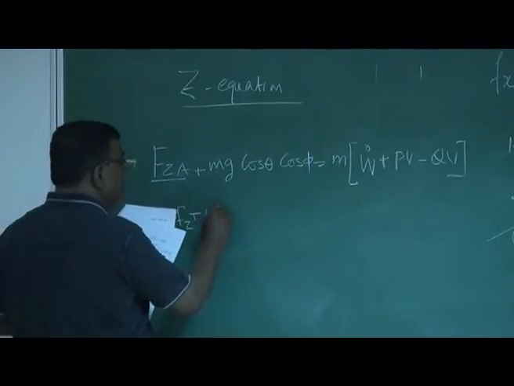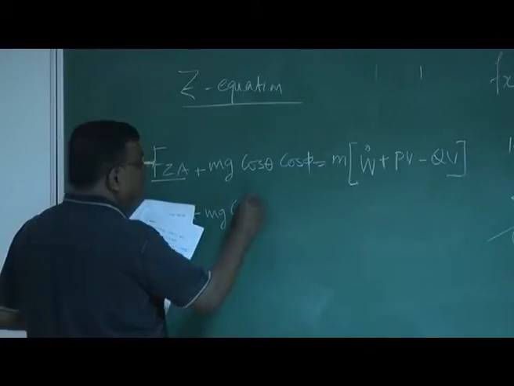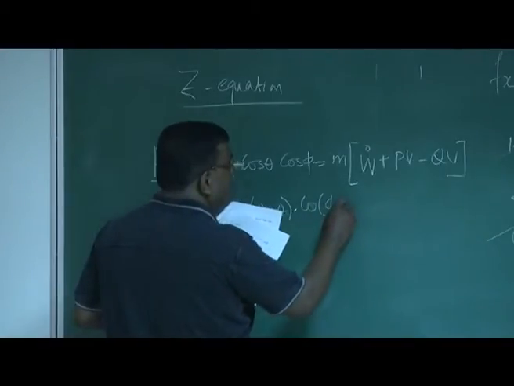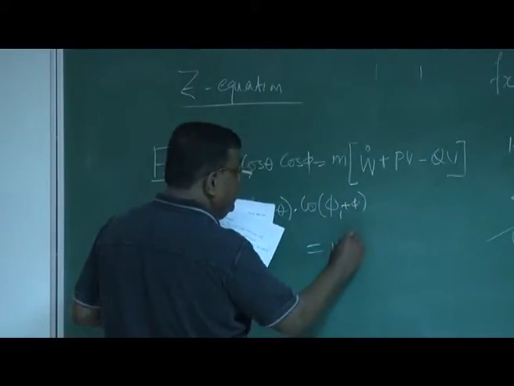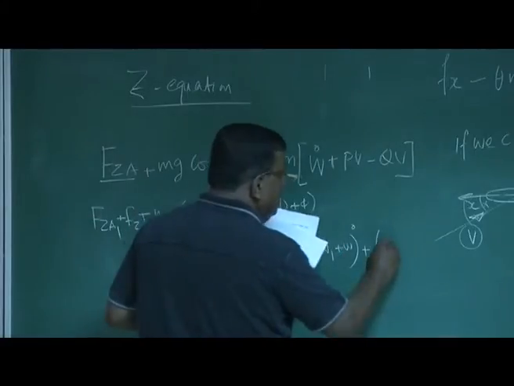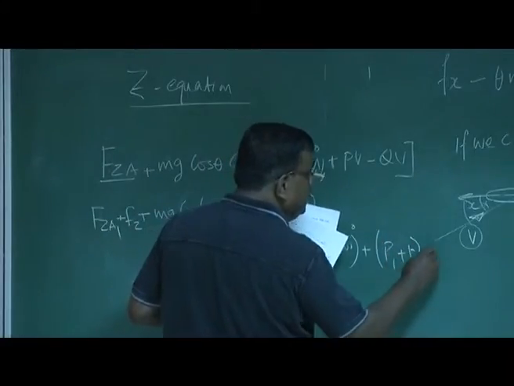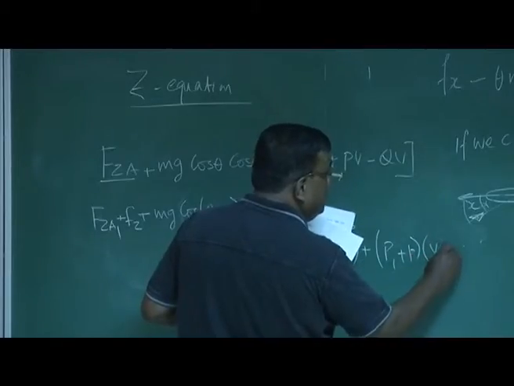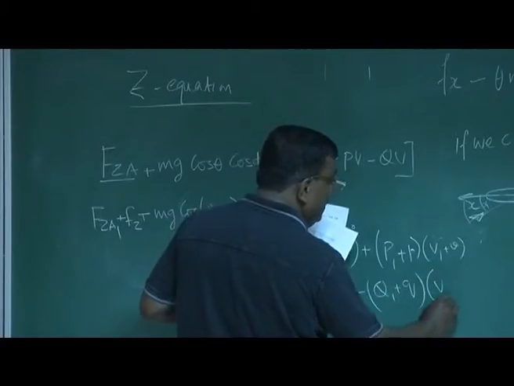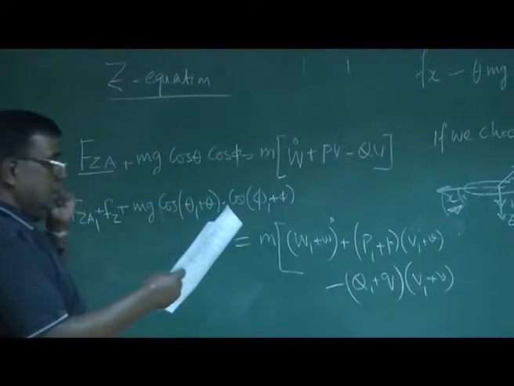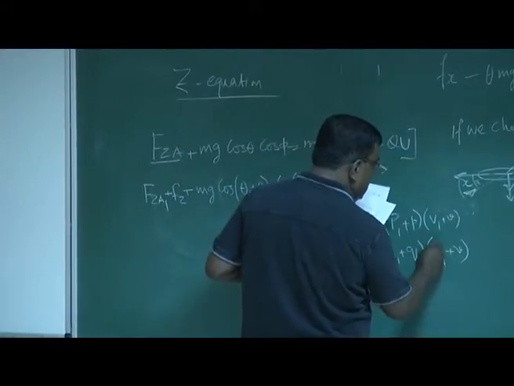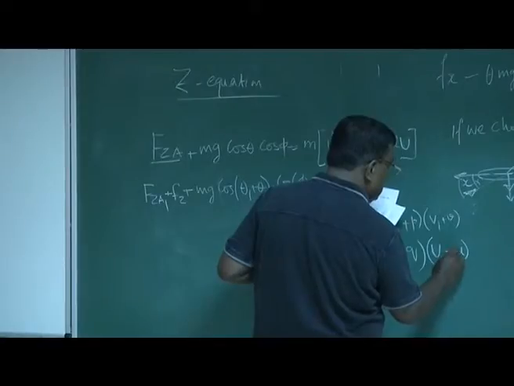Similarly for mg: cos of (theta 1, the steady state, plus perturbed theta) into cos of (phi 1 plus phi), is equal to m times (w1 plus small w dot, plus (p1 plus small p) into (v1 plus small v) minus (q1 plus small q) into (u1 plus small u)). Please understand this last term is q times u, not v.